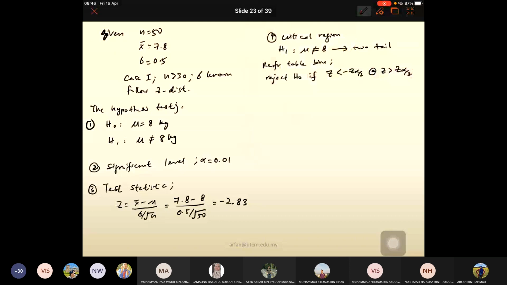So find the value of Z alpha per 2. Alpha equal to 0.01. Okay. Z alpha over 2 equal to Z 0.005. So tengok dekat dalam table Z, 0.005.